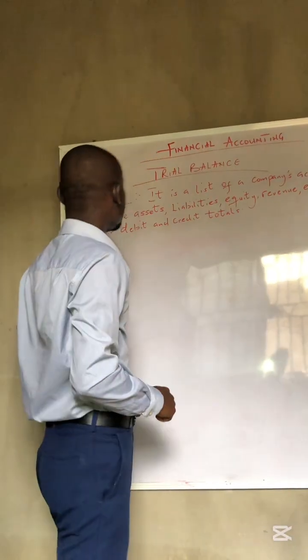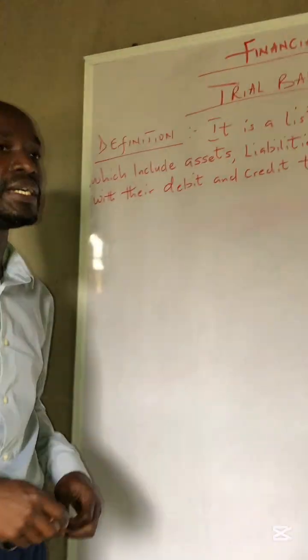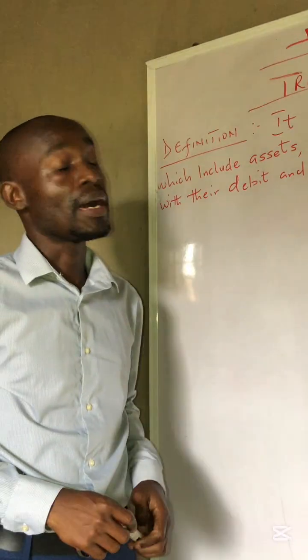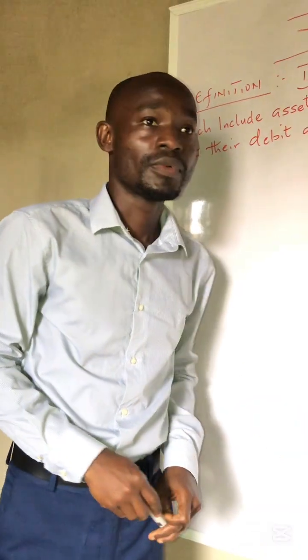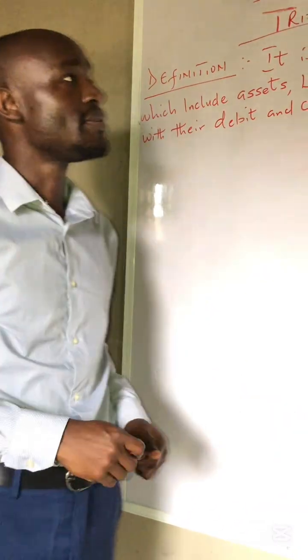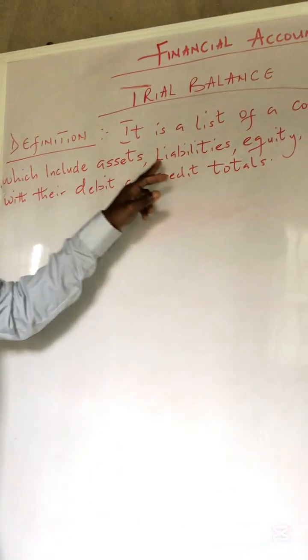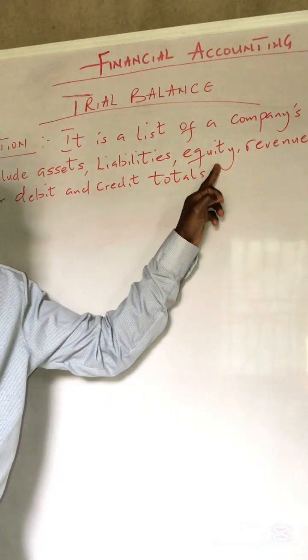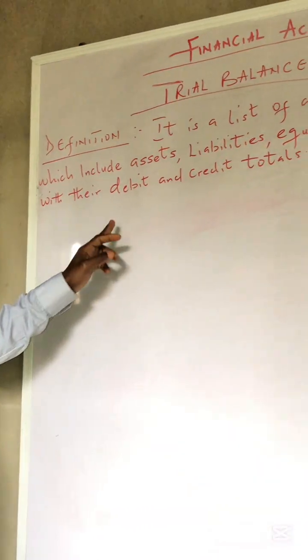Now, I'm going to give you two definitions of trial balance. One of them is what you see on the board, which says it is a list of a company's accounts, which include all these parameters: assets, liabilities, equity, revenue, expenses, with their debit and credit totals.